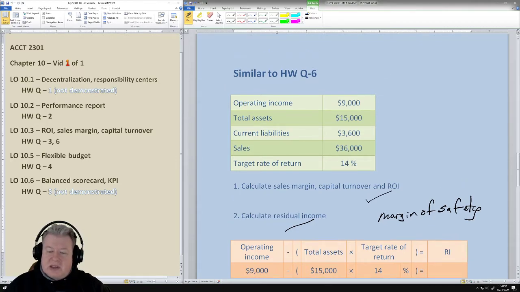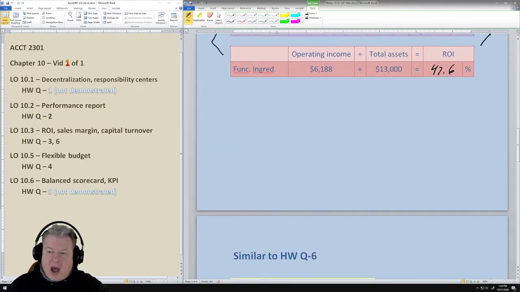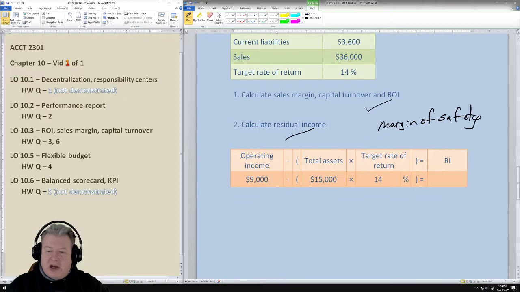So as I was explaining, total assets and operating income, that's our ROI. You may have a targeted ROI. You may say, we have in our industry, every dollar of asset should give you 14 cents worth of profit. So this may be the industry average, or this may be what we're targeting. So you're saying we have this many assets, and this could be 15, this could be in millions, right?